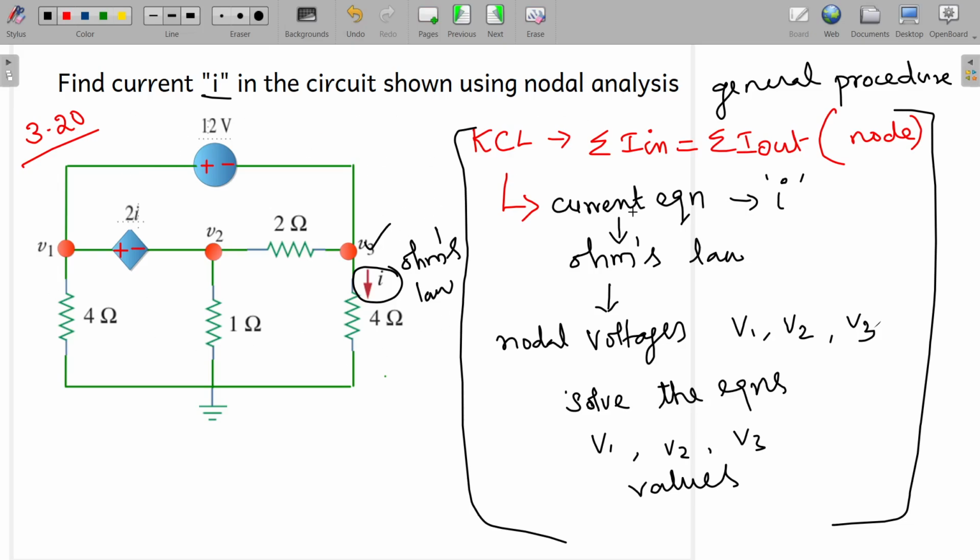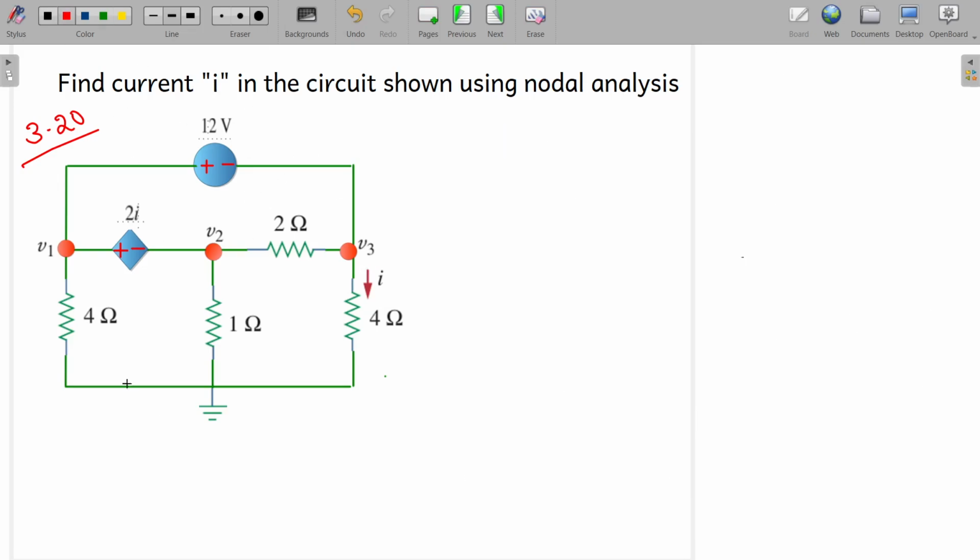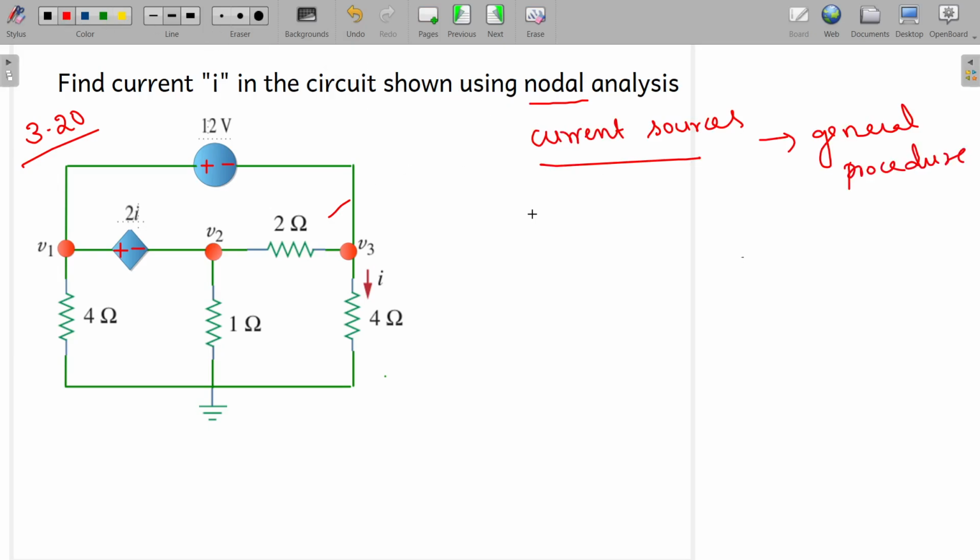In this problem you cannot apply this general procedure. Whenever you come across any electrical circuit and are given some methodology to solve, you have to carefully inspect the circuit. The general nodal analysis procedure is applicable whenever you have a circuit with current sources only, but here this is not the case.